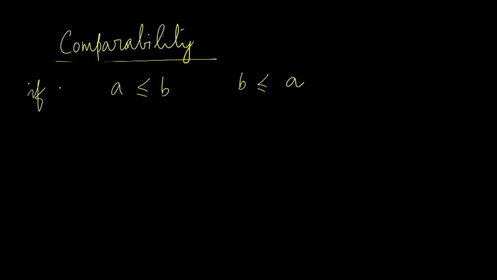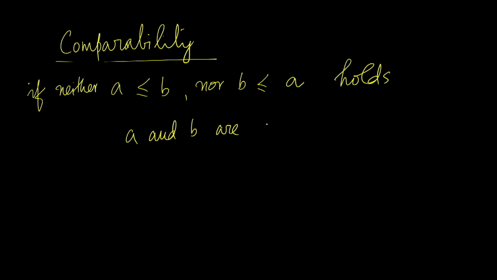If neither holds, we say that A and B are incomparable. Remember, the less than or equal to symbol here in fact stands for the precedence relation. If neither A precedes B nor B precedes A, then we say that A and B are incomparable.